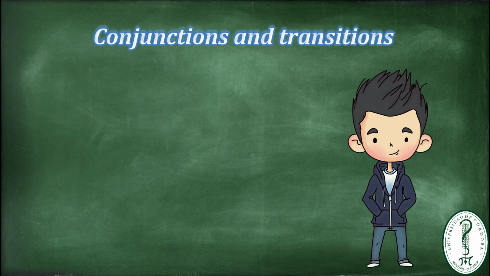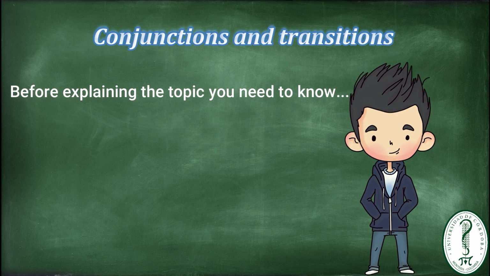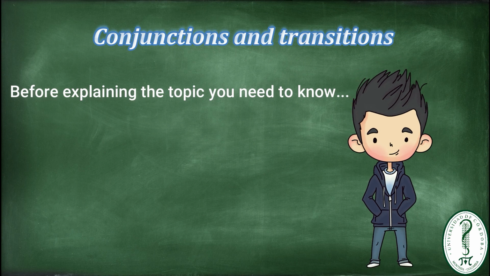At the beginning, we explained categories, but you have to know that these categories were classified by the purpose. And now we are going to explain subordinating conjunctions, coordinating conjunctions, and transitions. These ones can be considered as categories.